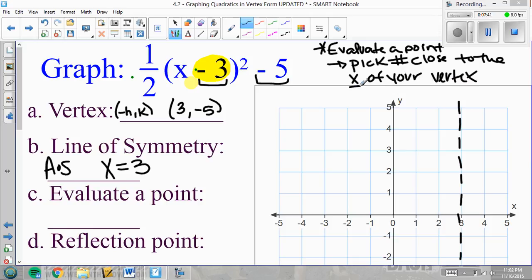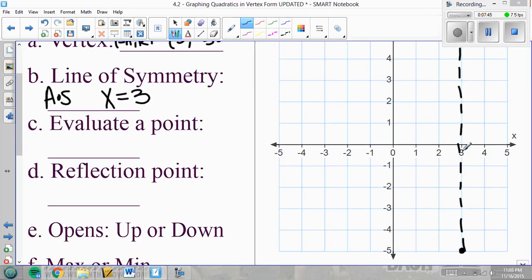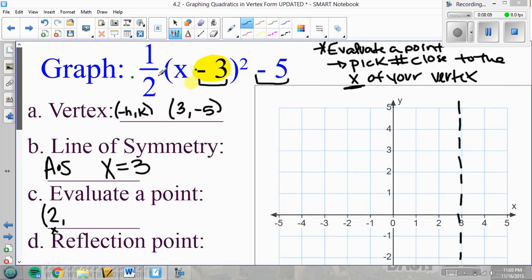So you pick a number close to the x of your vertex. So your line of symmetry at 3. What number would be close to 3? Right, you could pick 2 or you could pick 4. Does it matter which one you pick? No. You can pick either one. Because when you reflect it, it's going to be the same value. So I'm going to use 2. So I picked my number close to 3. So I picked 2. And if I know x, remember you can always plug that in to get y.